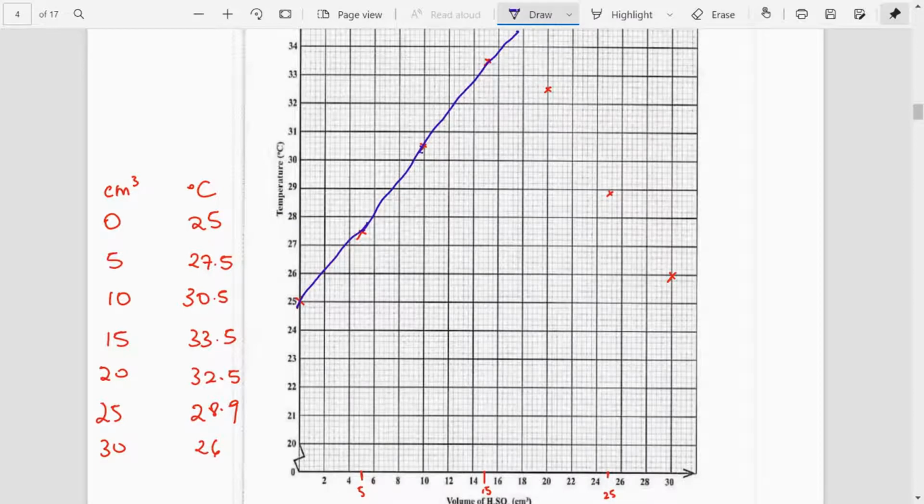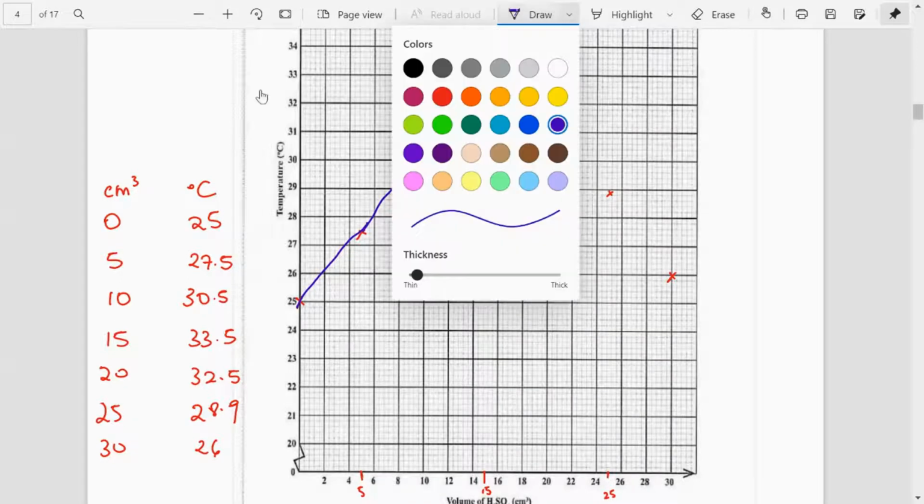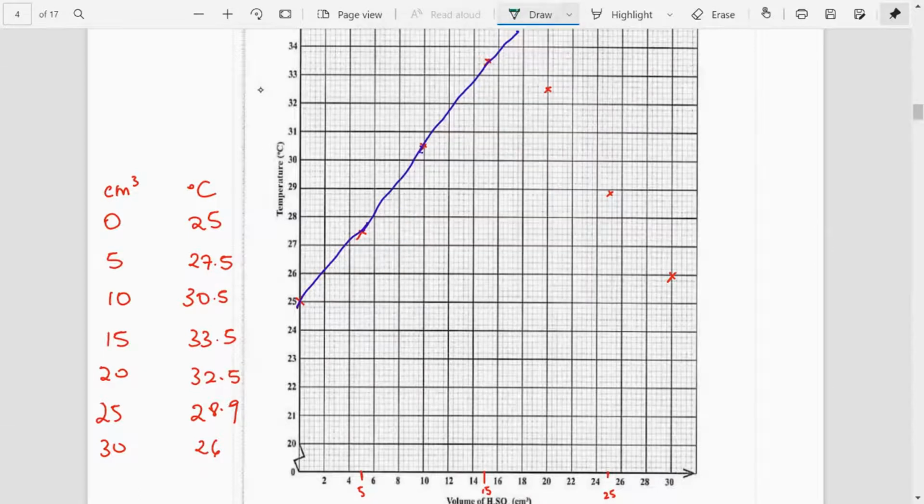So that's where the temperature is decreasing. Let's use another color for where it's increasing. Let's see how best I can draw this.